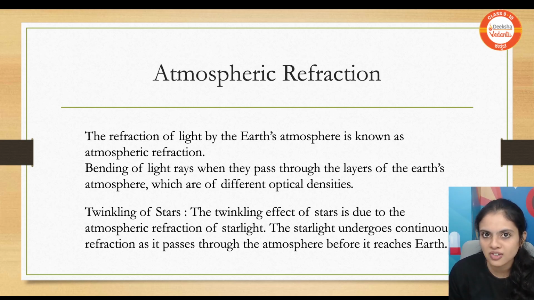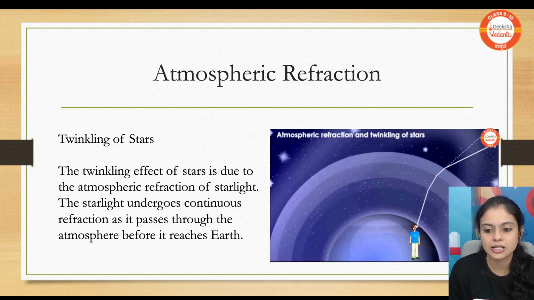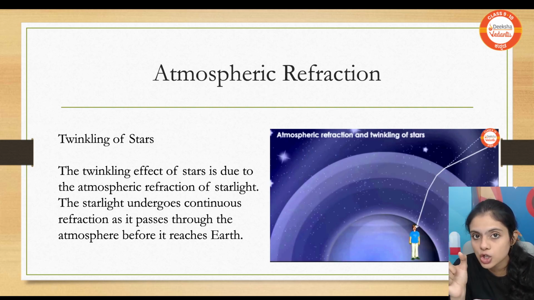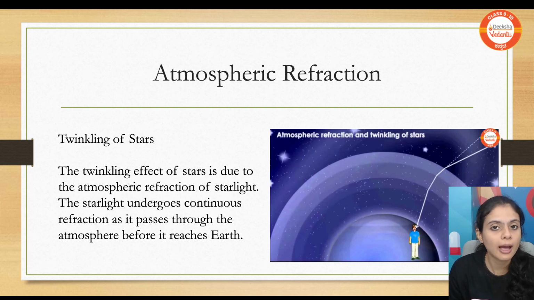A beautiful example for this is the twinkling of stars. We see the twinkling of stars due to this process of atmospheric refraction. You can see that the light ray gets displaced, right? Because of that displacement, the original position of the star and the apparent position of the star will be different.